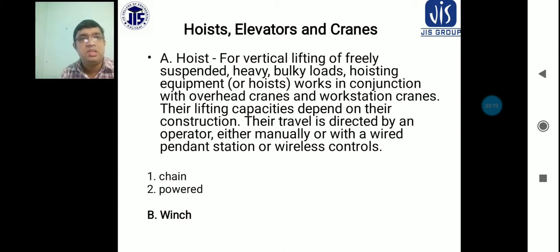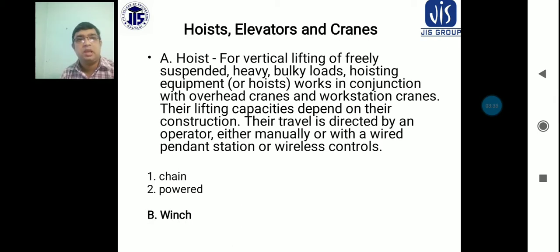Their lifting capacities depend on their construction, and they are considered according to lifting capacities. Construction can be very heavy. In road construction, for example, you can see different types of cranes used, and compaction tests are also done using different types of hoists.